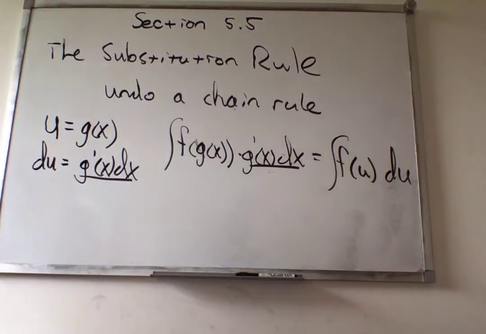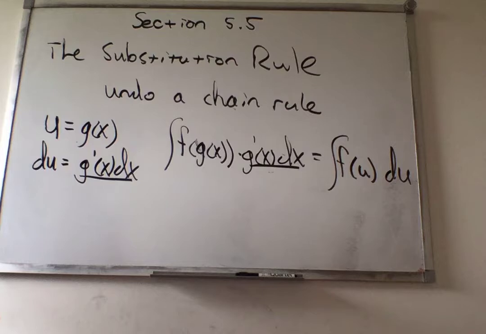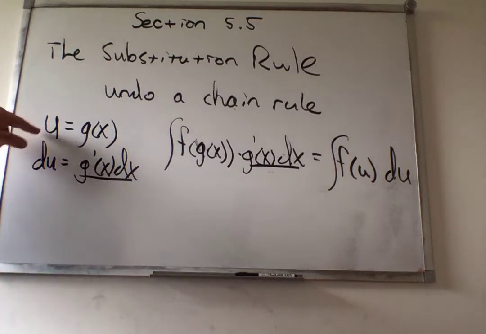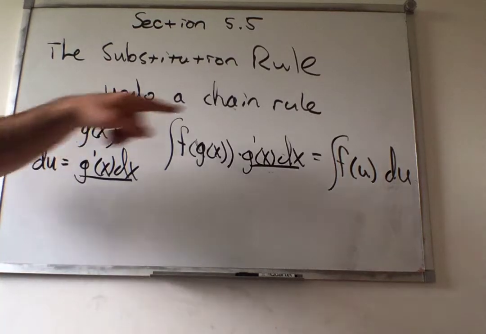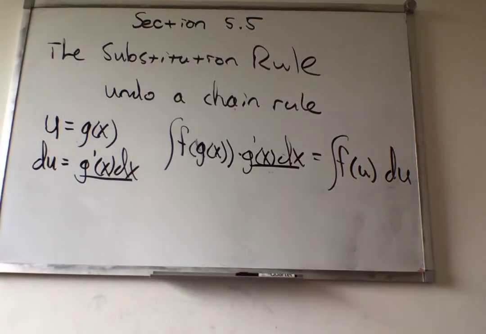Okay, so that's what we're going to do. We're going to choose what our inside function is. We're going to plug it in everywhere we see our inside function. We're going to take the derivative and then end up plugging it in and then integrating this. Okay, because that is going to be a lot easier to integrate. So let's go ahead and see some examples.